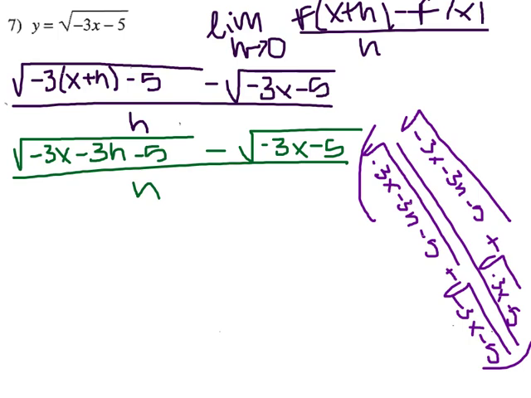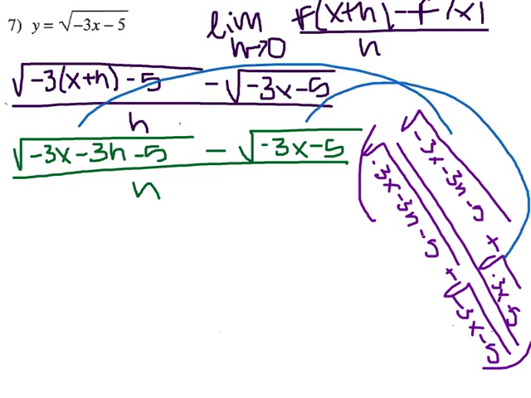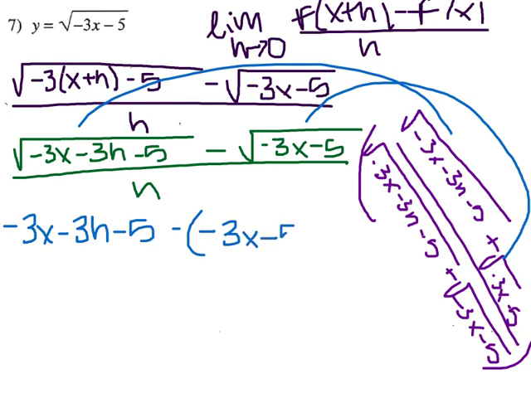When we do that, everything in our square roots will cancel out because remember we will FOIL and our outer and inner terms will cancel out. We get negative 3x minus 3h minus 5 minus negative 3x minus 5.